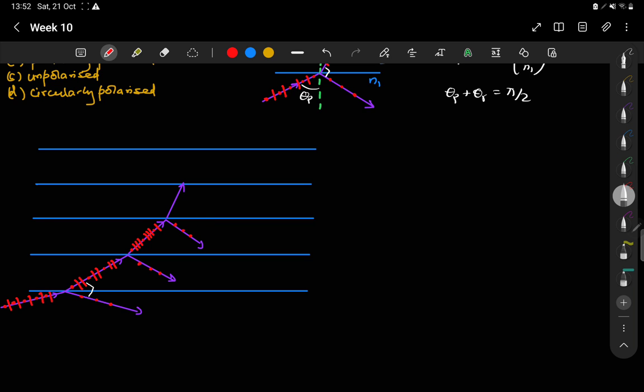Again we filter out the perpendicular component. So the transmitted ray would be having a greater degree of polarization. This is 90. Once again we filter out the perpendicular polarization.